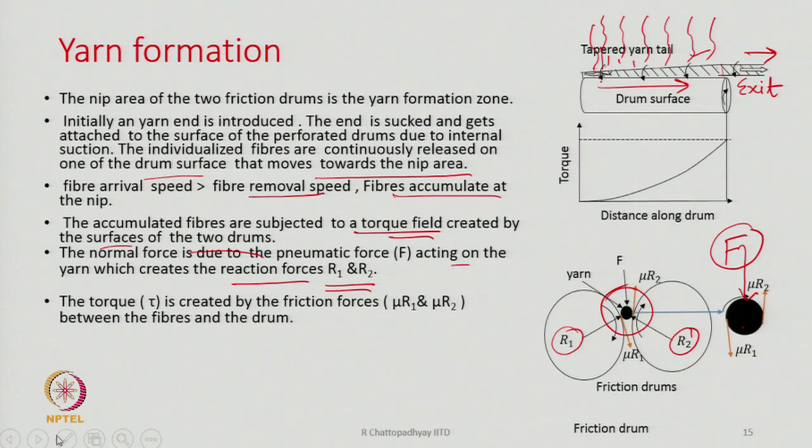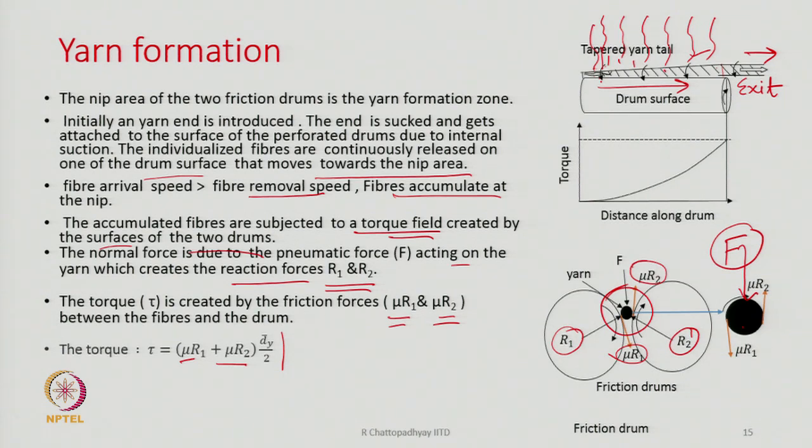The torque created will be by the frictional forces mu R1 and mu R2, as shown here. So, the torque is going to be (mu R1 plus mu R2) into dy by 2, where dy indicates the average yarn diameter, that is, the average diameter of the yarn tail.